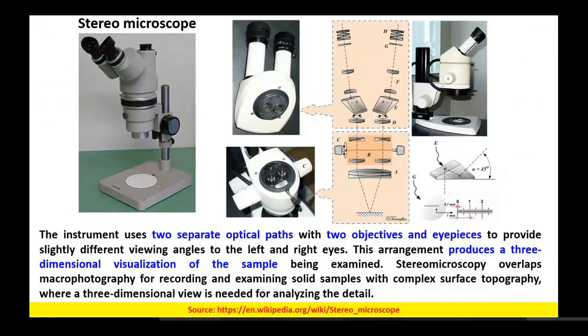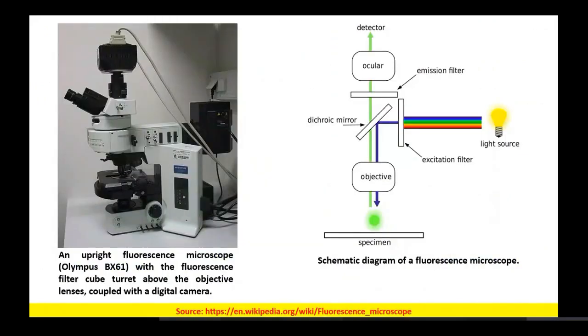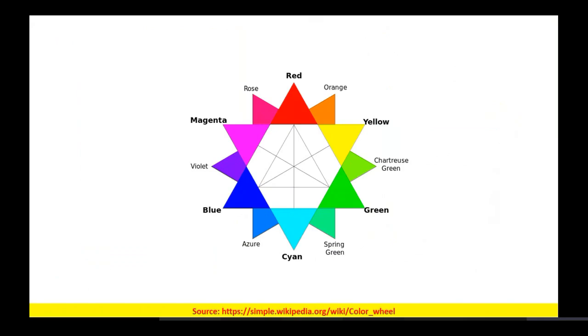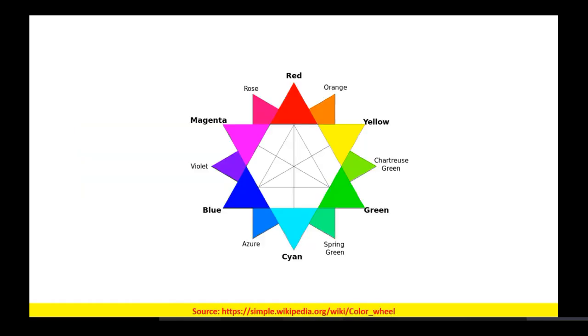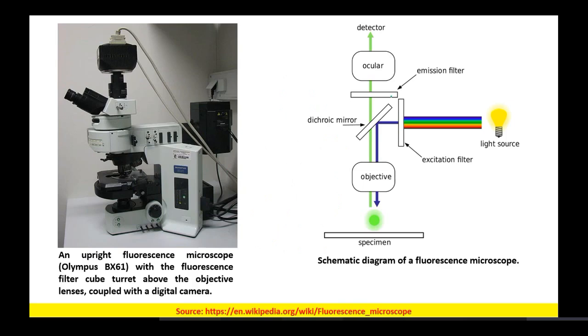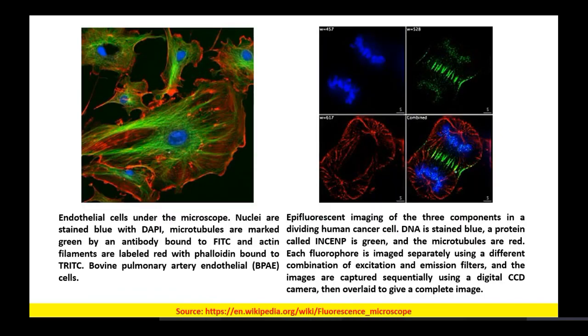We discussed this stereo microscope. Then we also discussed the fluorescence microscope. Then we talked about fluorescence merging. What is fluorescence merging? I told you that we employ a set of an excitation filter and an emission filter.